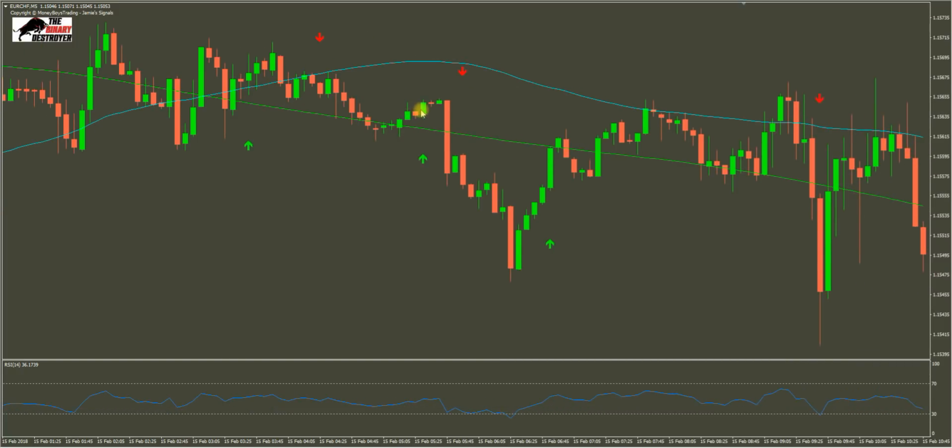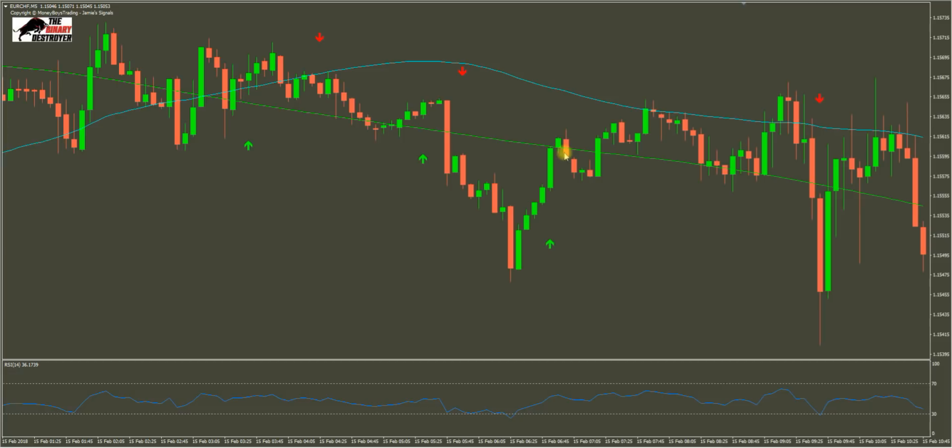So what he takes is the green arrows, because the green arrows are technically against the trend, aren't they? If you're in a downtrend, you take the red arrows. But he takes the green arrows because they symbolize a pullback.